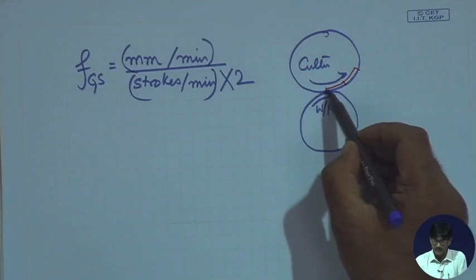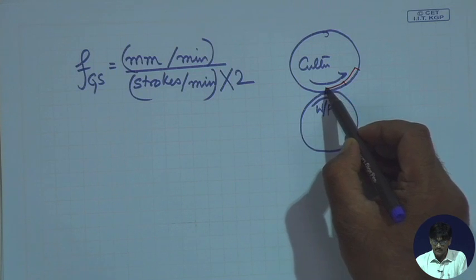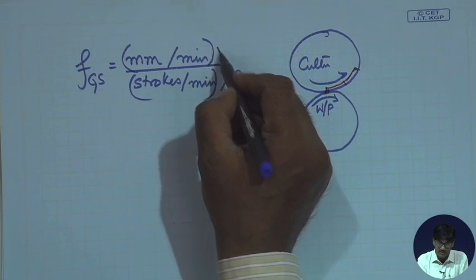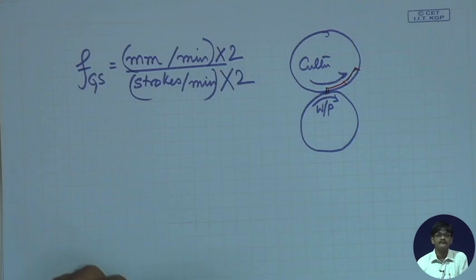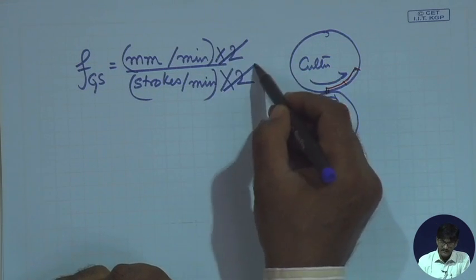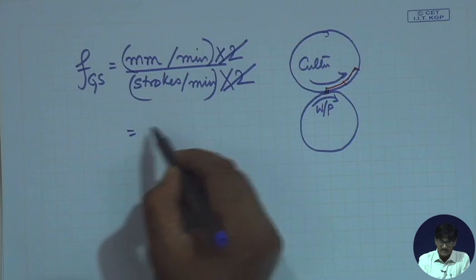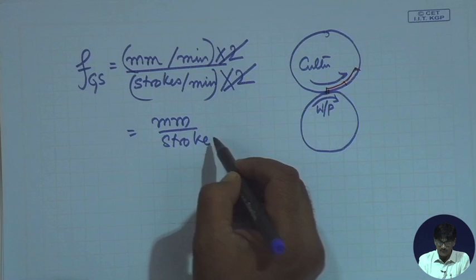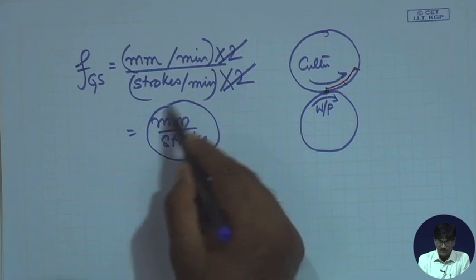Now you will find double the amount of movement is taking place per minute. So, this is doubled. And therefore, these two cancel, per minute cancels, and millimeters per stroke will remain as before, and therefore feed is not affected.